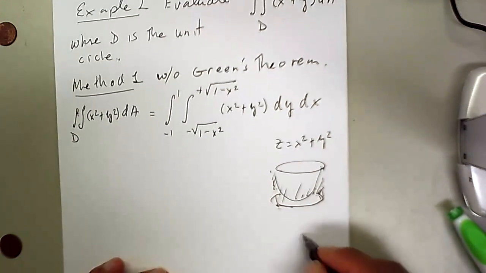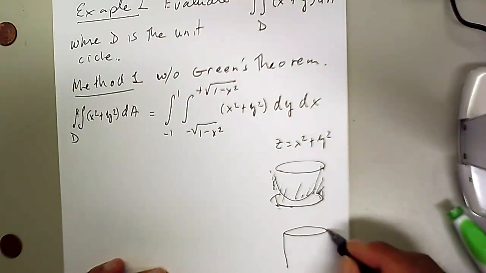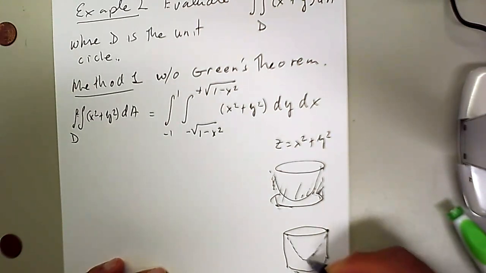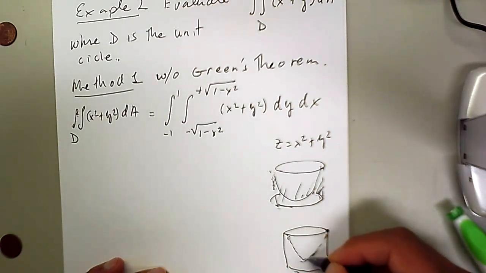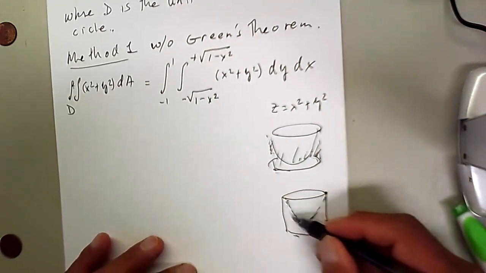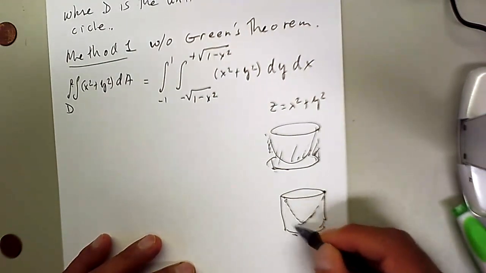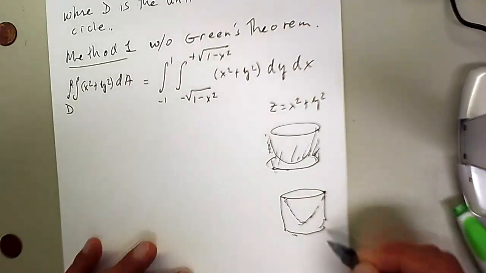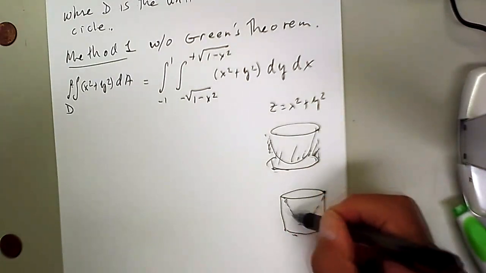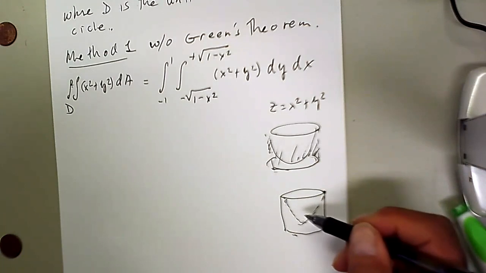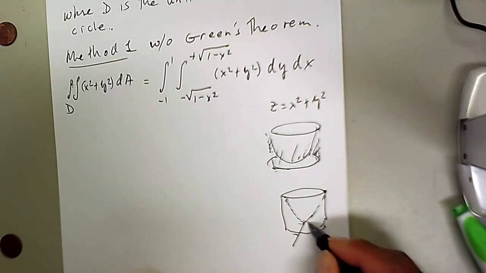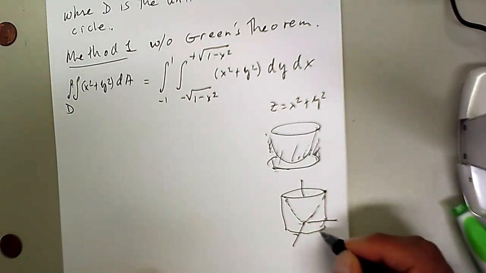So the solid is going to look like a cylinder on the outside, but on the inside, we're carving a paraboloid in this cylinder, and we're finding the volume of this solid after we carved the paraboloid into the solid cylinder. So that's what we're doing. Here we have the x-axis, the y-axis, and the z-axis goes down there.